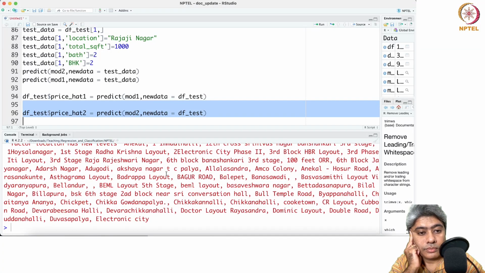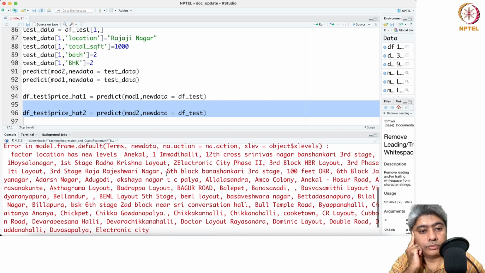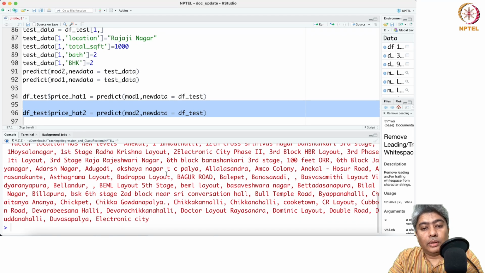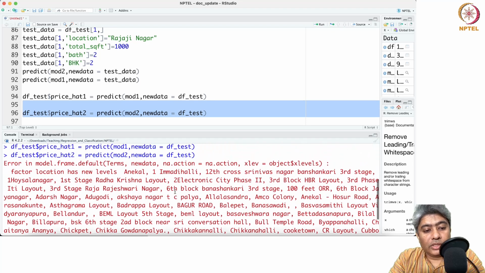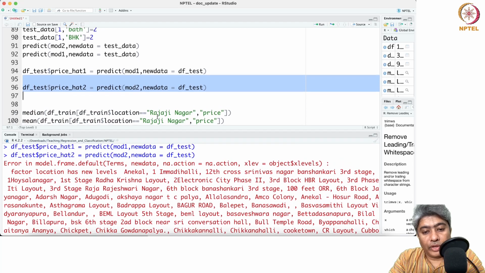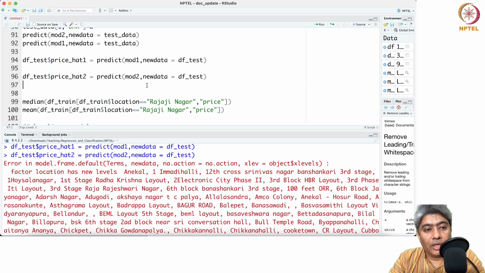This is a bit of a problem I have always found when you have too many levels. Basically, the issue is that the test dataset has some values which are not there in the training dataset.